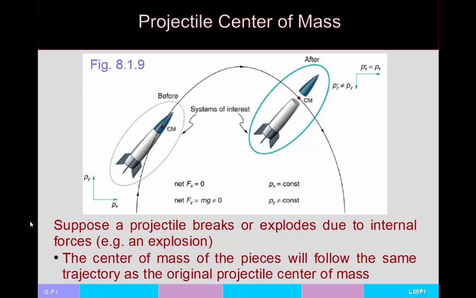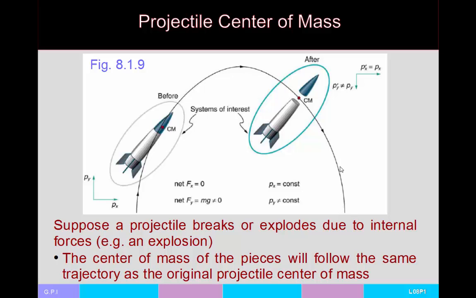So about that, what happens if you have a projectile which breaks or explodes due to some internal forces? For example, here's a rocket. The rocket is moving. It's basically a projectile initially.